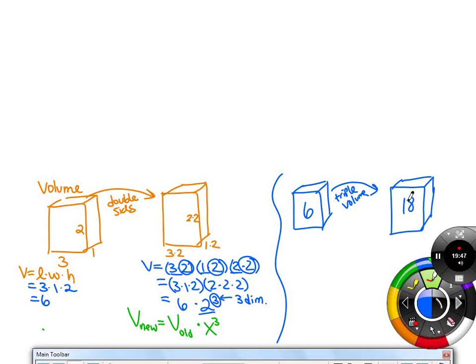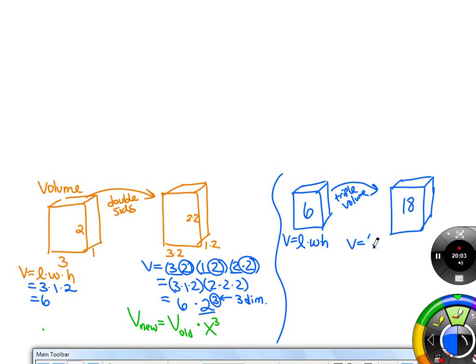All right, so we tripled the volume, and the question is, what happened to the dimensions? Okay, so remember over here, this volume was made by multiplying your original length, width, and height together. This volume is made by doing the same thing, but each of those is being multiplied by some mystery number, if it's growing proportionally.